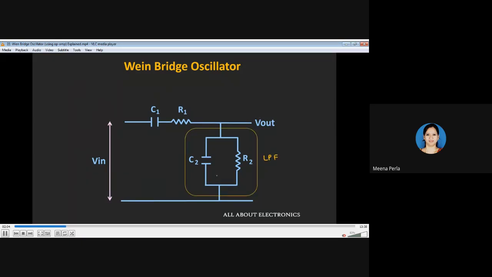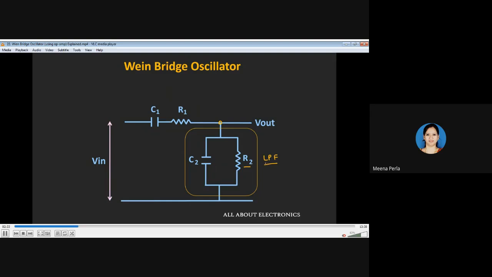On the other hand, in this parallel RC circuit at low frequencies, this capacitor will act as an open circuit, so the output voltage at this node will directly appear across this resistor R2. And at very high frequencies, the impedance of this capacitor will be very low, so the output will be short circuited at the ground terminal. In this way, this parallel RC network will act like a low pass filter.